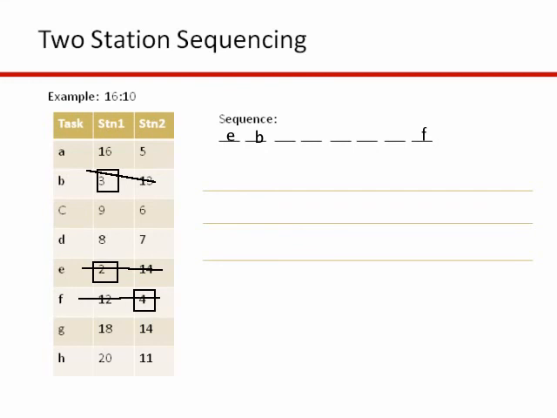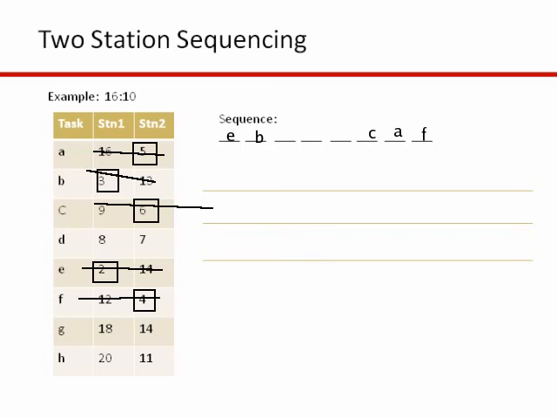And then the next lowest one looks like it's A. Again, it is on the second station, so we're going to put it to the rightmost available spot, and then eliminate it. And then it looks like 6, which is C. It's also on the second station, so we're going to put C in the rightmost spot and then eliminate it.